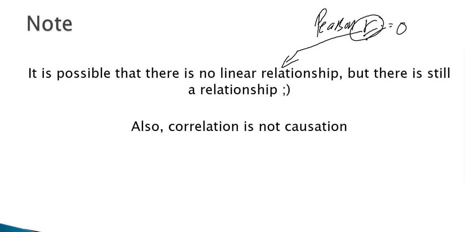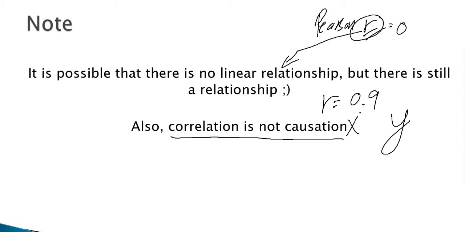Also, this is a famous saying in statistics: correlation is not causation. It doesn't mean that if R is equal to 0.9, then the cause of Y is actually X. That is not how it is. This is just saying that the relationship between X and Y is strong, that as X increases, Y is increasing as well.